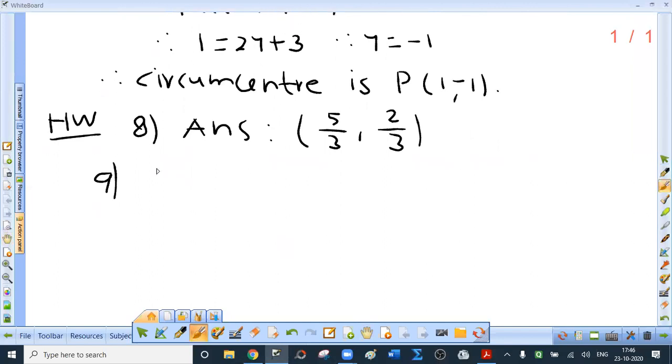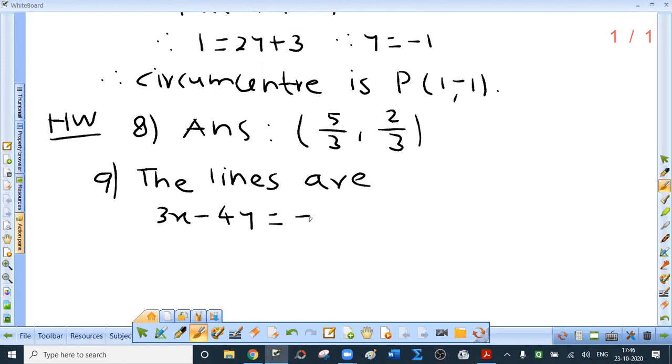The lines are, write down, 3x minus 4y. I will rearrange the terms, see whether you can get this or not. 3x minus 4y equal to minus 5.